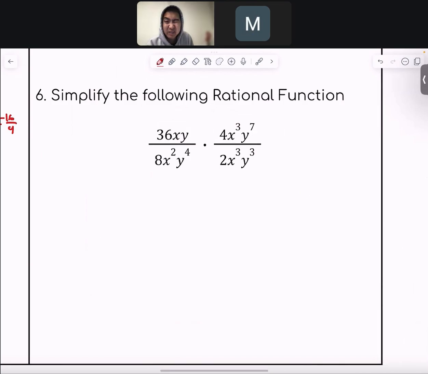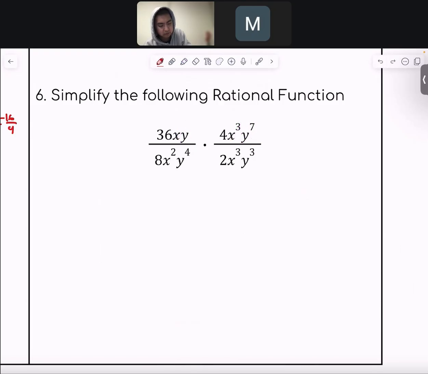Okay, this one, let's cancel. There are a couple things we could cancel away, and again, you could do this in any order. Look, there are 7 y's down here, and there are 8 y's up here.